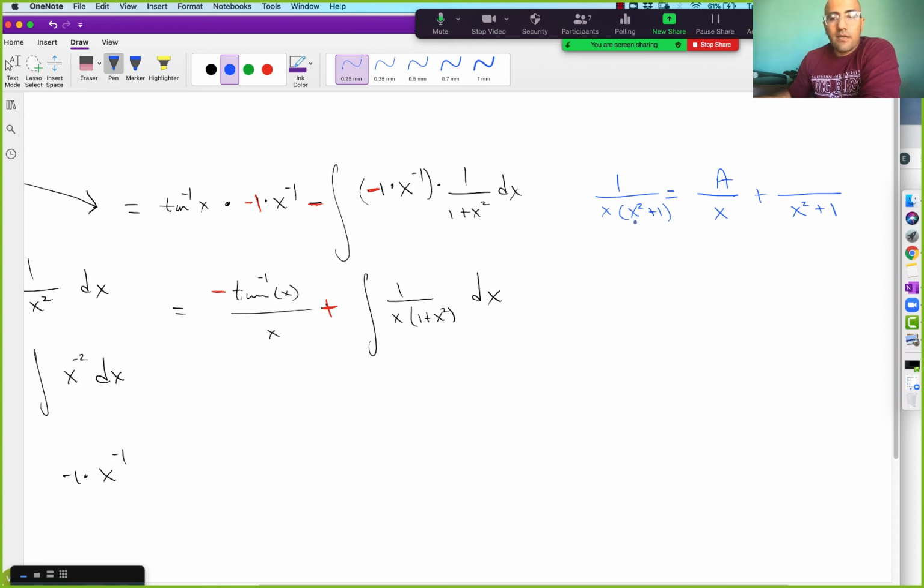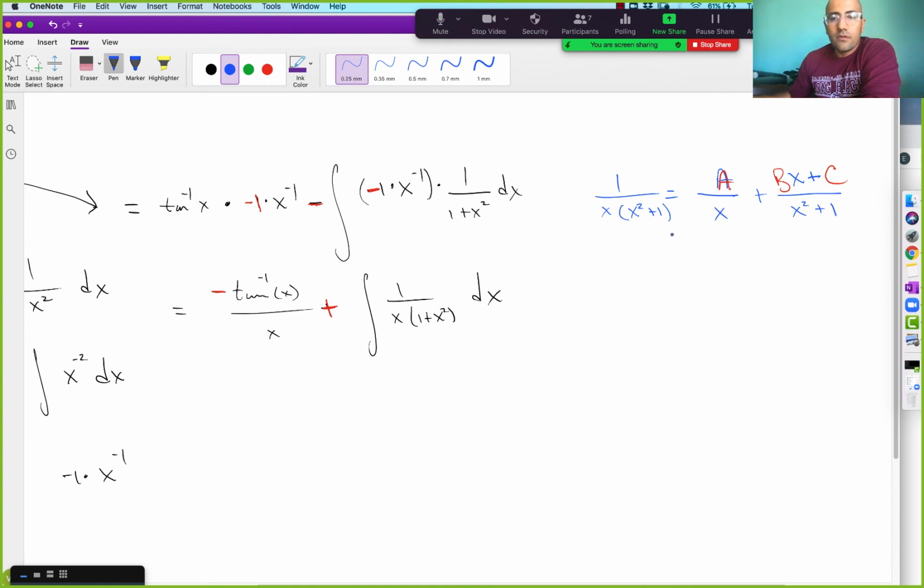The zero of this is an i, or a negative i. And so because this is an irreducible quadratic, that means that the constants above form a linear term like this, right? So there's a constant a there, a b, and a c that we have to find.